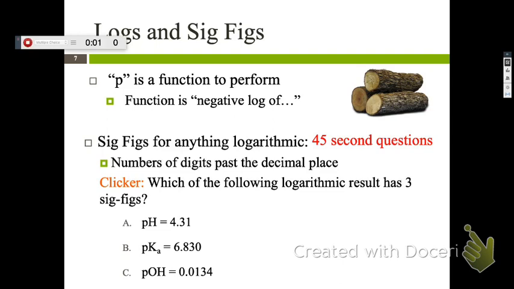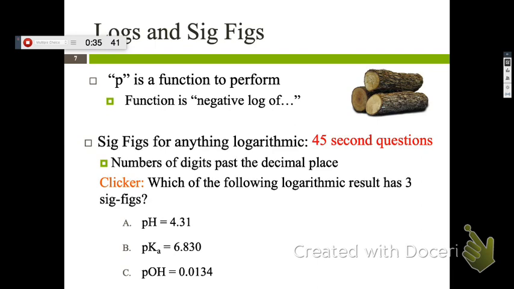Which one of these is 3 sig figs? 15 more seconds.